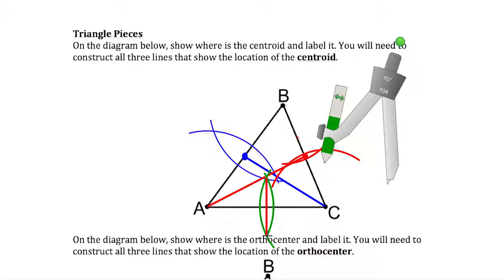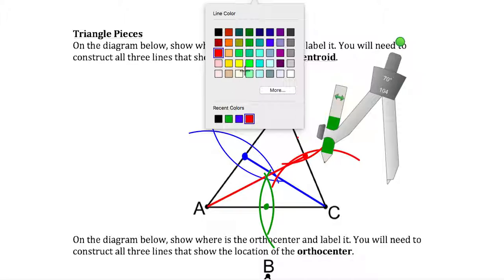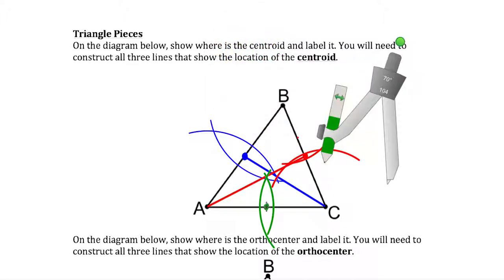If I drop this line there, then I know that my midpoint of this line is going to be right there. So if I get rid of that one marking, connect this to the opposite vertex, there we go. And now I can see where the centroid is. Right there. And I can even say that this is the centroid.